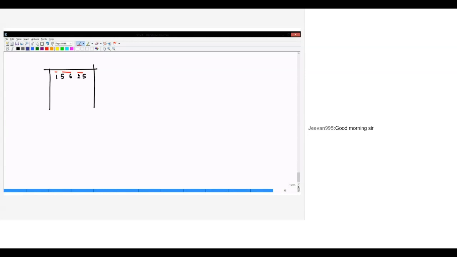So I'm finding the closest perfect square which is close to 1. It is 1. 1 ones are 1. Subtract it. At a time you need to drop down 2 digits. 56. If you multiply 1 into 1, then you need to add 1. That is 2. Leave a space. Now in this space, whatever the digit you keep, you need to multiply it with the same digit. So if it is 21, then you need to multiply it with 1.